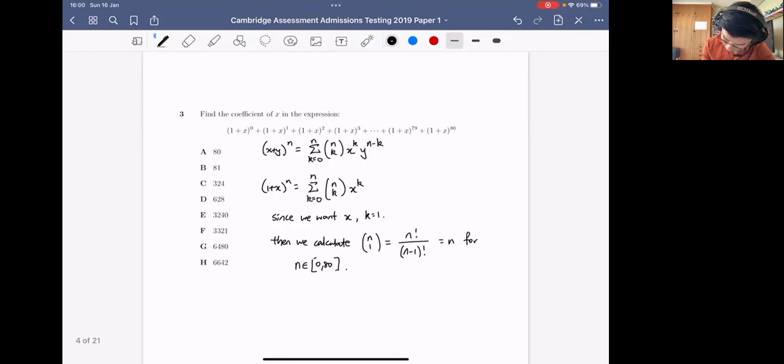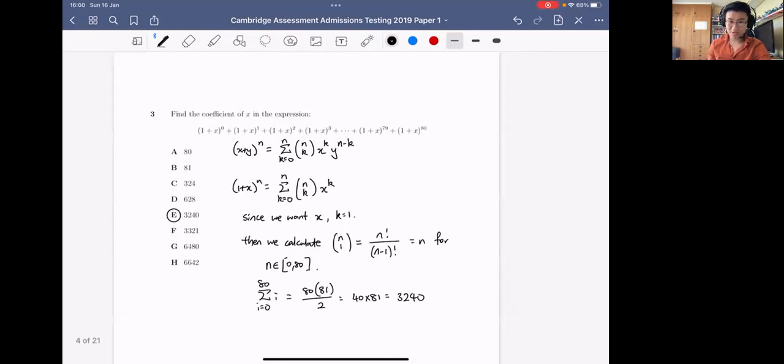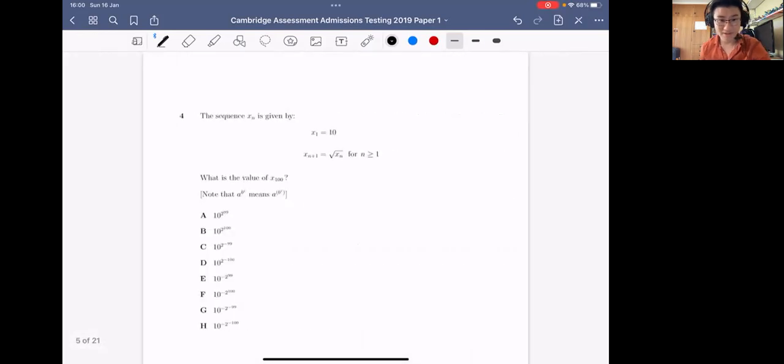This is just the sum as i goes from 0 to 80 of i, which is just 80 times 81 over 2, which is 40 times 81, which is 3,240. And the answer is E. Okay, that's question 3. Hope that's right.